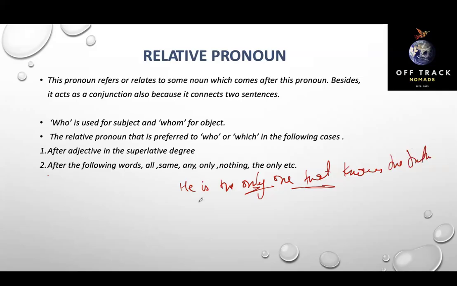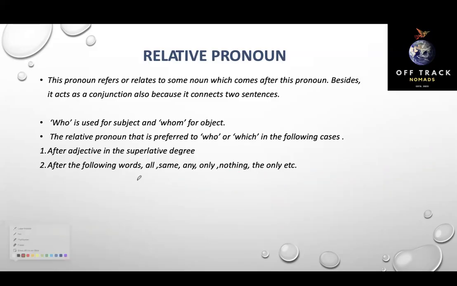Or I can say, there's nothing that can stop us. So with these words, we can use that always. Keeping that in mind, if these kinds of questions come and you're spotting the errors, you can spot them.